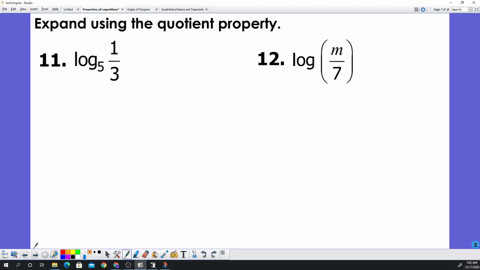Alright, now we have some that are just already set up as quotients for us, really. So we have log base 5 of 1 over 3.